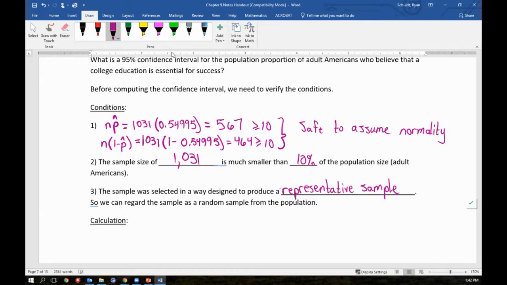So since we check off all of our requirements, we can regard this as being a random sample from the population that's less than 10% and normal, which means we met everything to do a confidence interval. So now we can do the actual calculation.